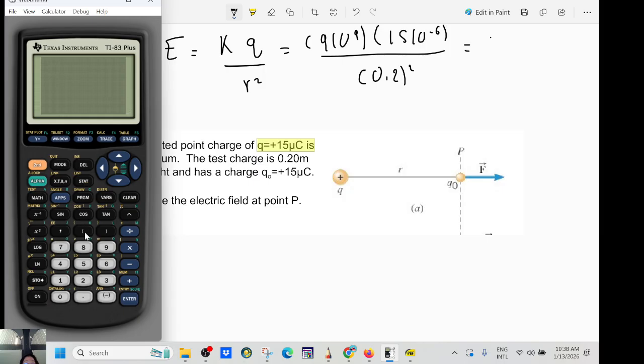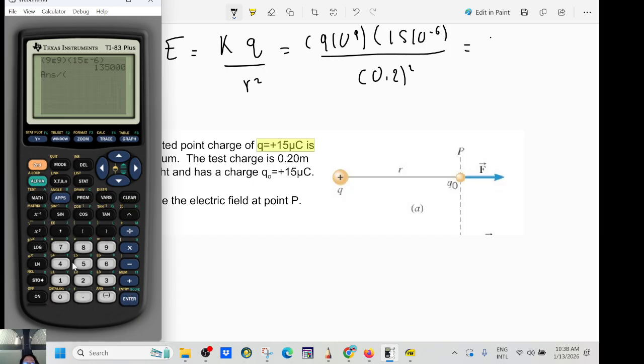9 times 10 to the 9. That way you see how I do it, right? You close the parenthesis, open the parenthesis, and then 15 base 10 is second comma, that's the base 10, minus 6. Enter.